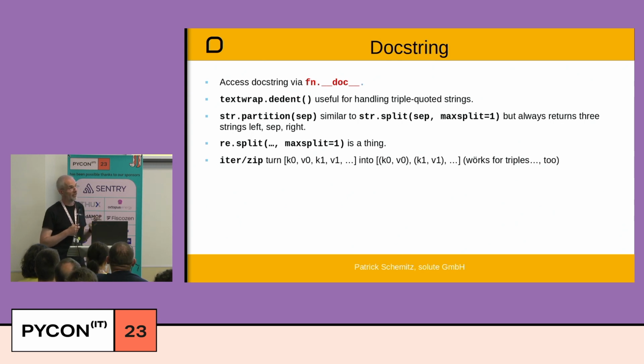And if the separator isn't in the string, it will still return exactly 3 values, but the latter 2 strings will be empty. And this iter/zip thing to unflatten lists, we use it for pairs here, it also works for triples and so on.